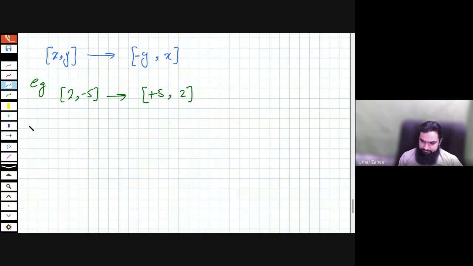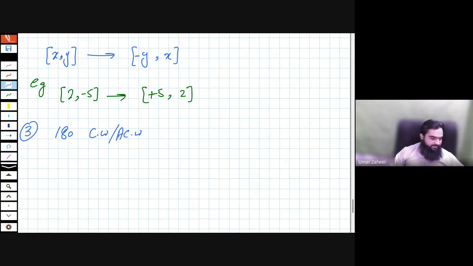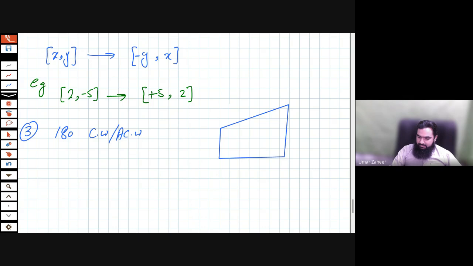The third thing, the examiner says that you have to do the 180-degree rotation, clockwise or anti-clockwise. Both are the same thing. For example, you have the object. Look here.